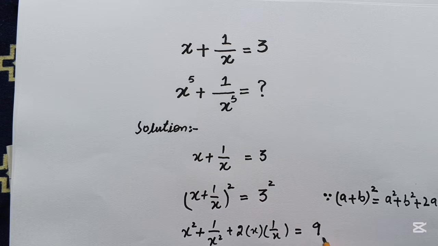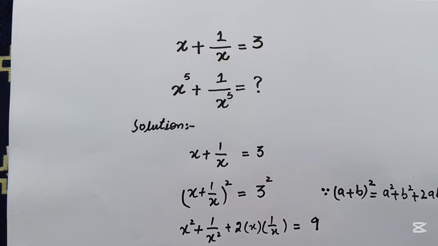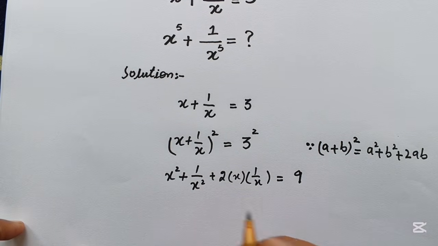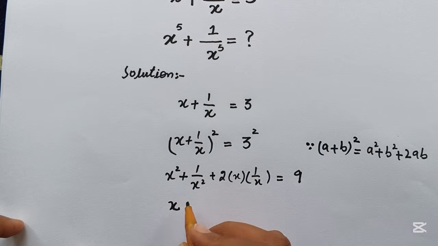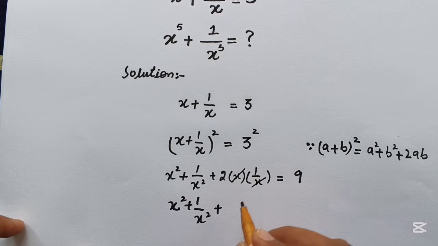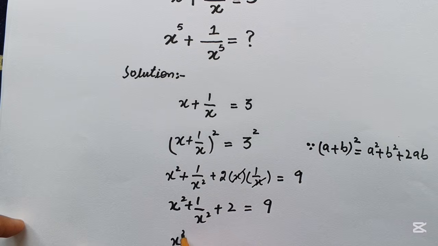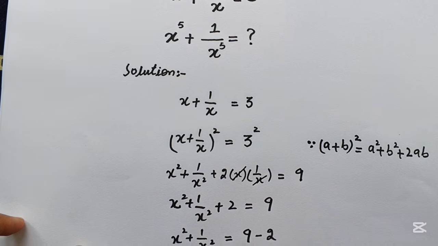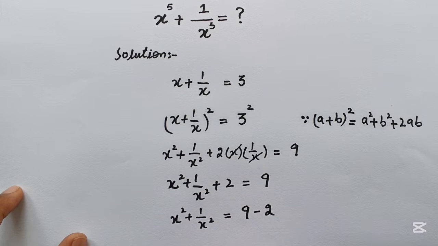Equal to 3 whole square is 9, and x into 1 over x cancel to each other, so x square plus 1 over x square plus 2 equal to 9. x square plus 1 over x square equal to 9, with 2 shifted toward the right hand side, which is minus 2, and x square plus 1 over x square is equal to 7. 9 minus 2 equal to 7.